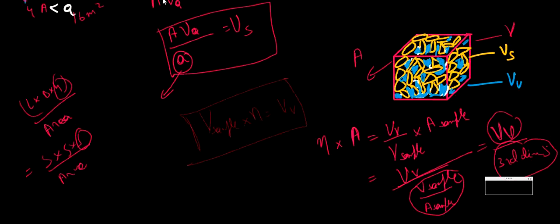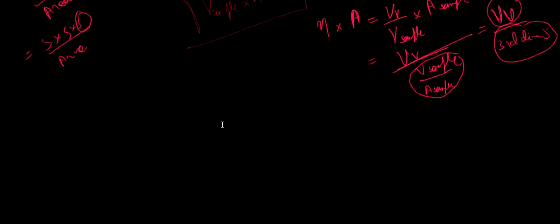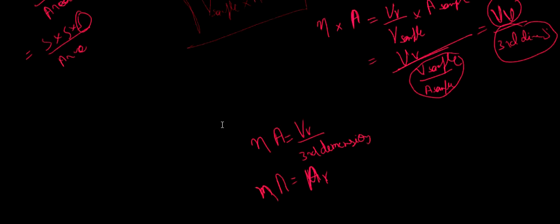Now, volume of voids upon third dimension. Anything upon third dimension will give the area of that thing. So here, eta into A is equal to volume of void upon third dimension. This will eventually become equal to area of voids.